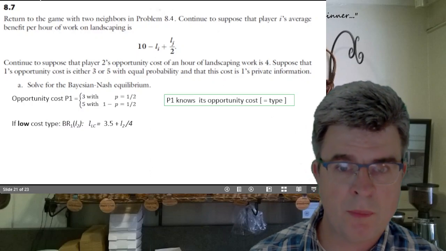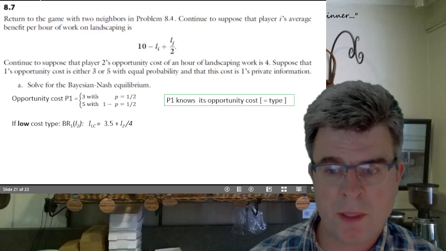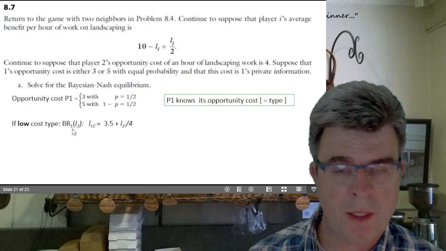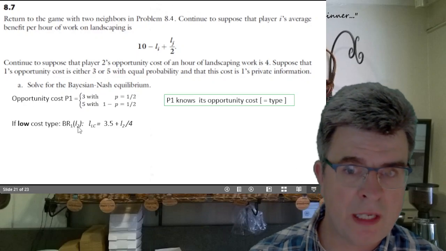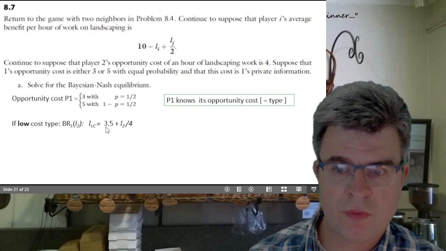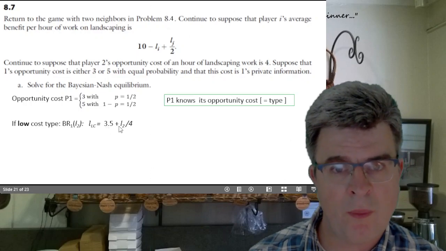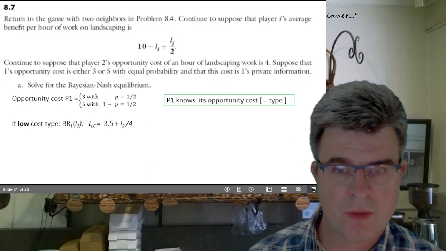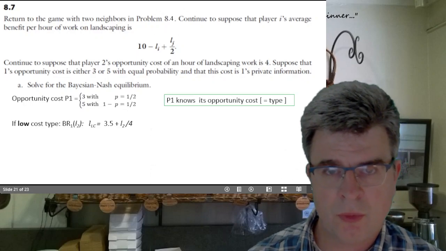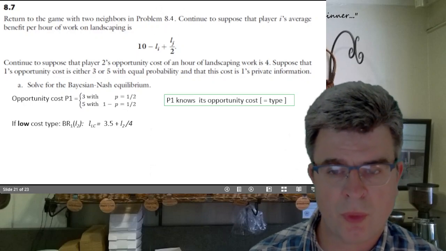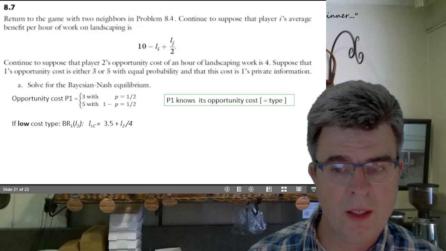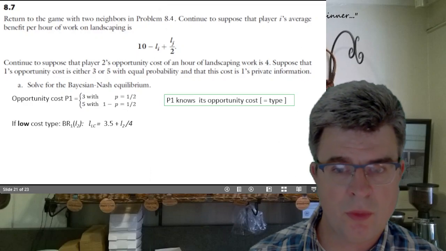And if player 1 is of the low cost type, then the best response of player 1 to the actions of neighbor 2 is 3.5 plus L2 divided by 4. So you can return to your notes to exercise 8.4, where you also need to derive the best response functions.